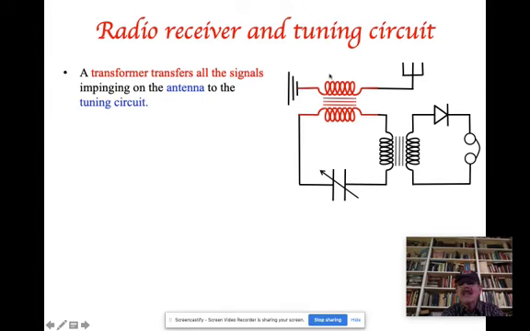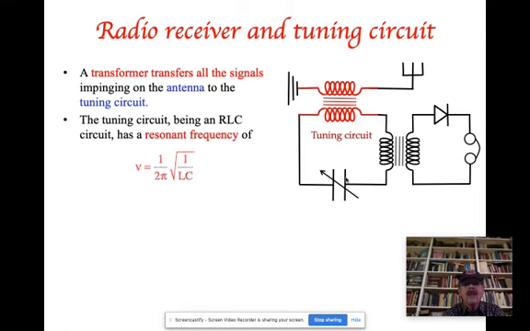So up here on the antenna, you have a superposition of all these different signals. But once you've transferred it into the tuning circuit, only one of those signals will proliferate, and that's the one that matches up with the natural oscillatory frequency of this RLC circuit. And if you remember, there is the expression that allows you to figure out what that resonant frequency is.